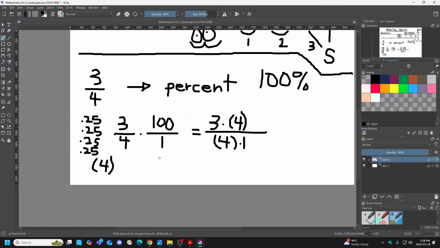25 times 4 is still 100. 0.25 times 4 is 1. Right? The decimal and the zeros don't matter. Like I said, I'm trying to show you guys, you can work with numbers, and I don't know how to explain it, but it doesn't really matter where the decimal is.